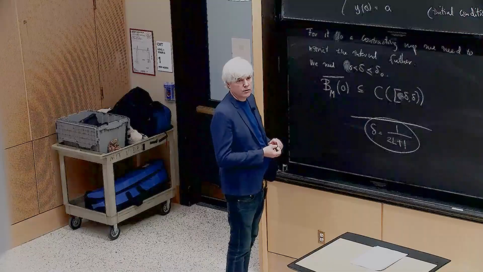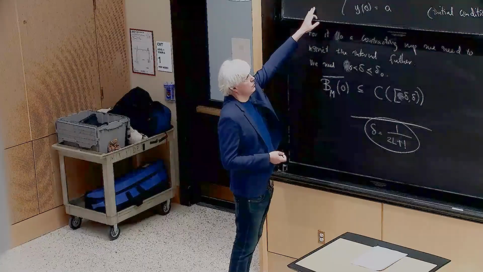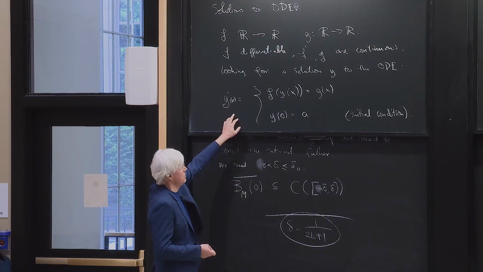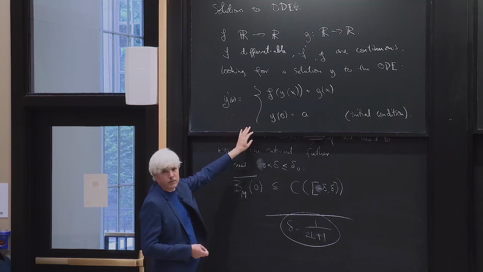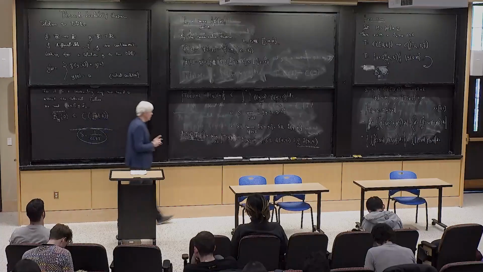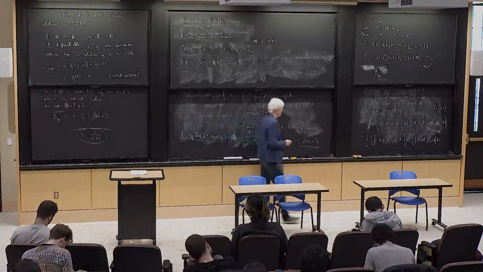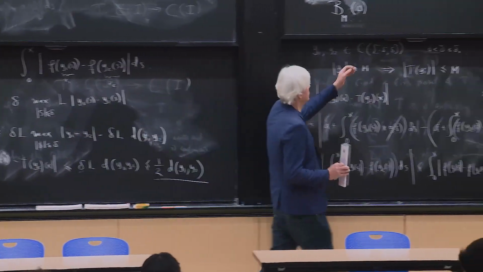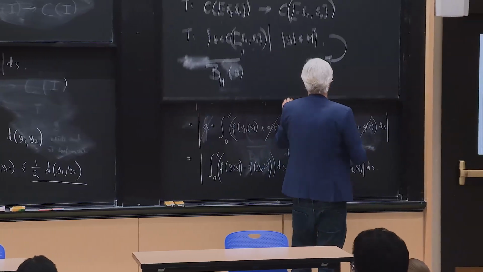So if you have a solution to this, then we saw last time that if it is a solution, then it is a fixed point, right? Okay, so now we almost have existence and uniqueness. Let me explain what is missing.